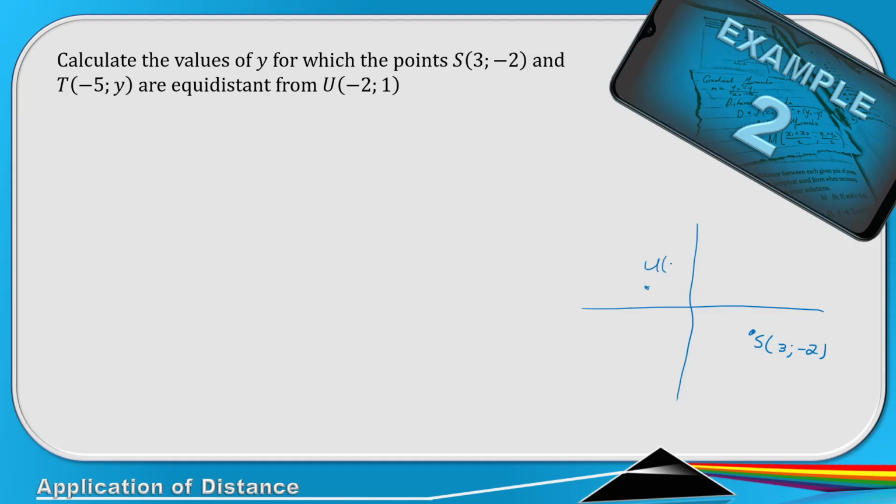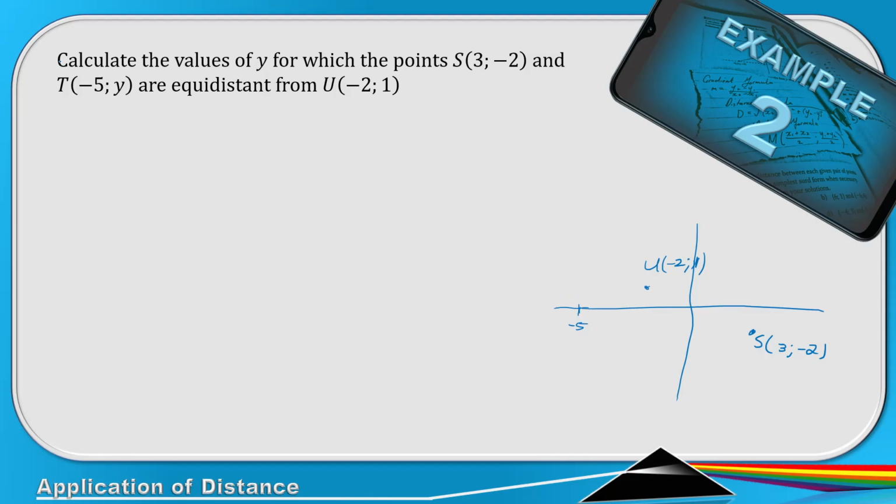And finally we've got T, but we don't know what the y value is. So this is where we have to calculate the y value. All we do know about T is that it's the same distance from U as S is from U. So all we know about T is that it lies here somewhere at -5.